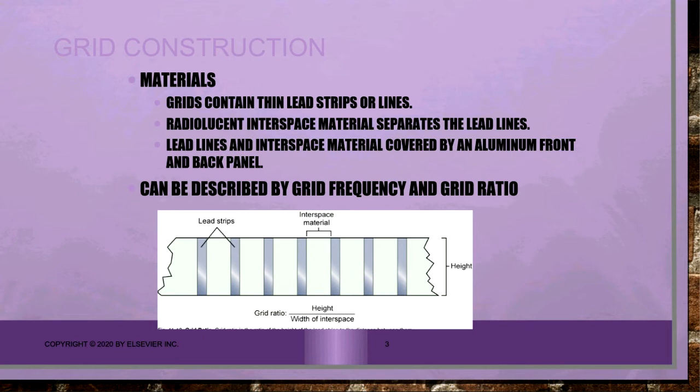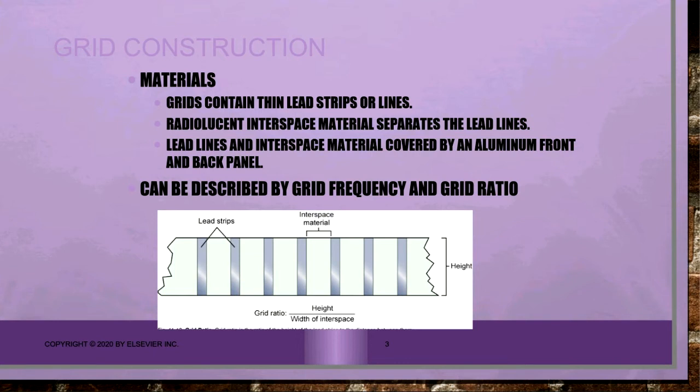Your lead lines and interspace material are then all covered by an aluminum front and back panel that also allows radiation to pass through. Remember that this grid is placed beyond the patient, but in front of your image receptor. Ideally, the conditions that necessitate using a grid would be if the part exceeds 10 centimeters in thickness and your operating kVp is above 60.